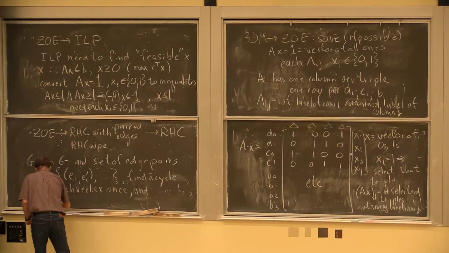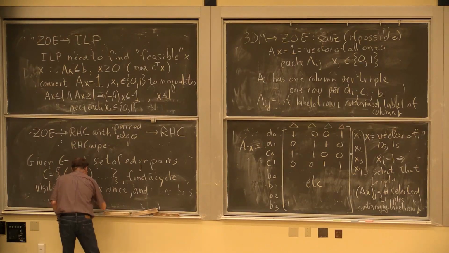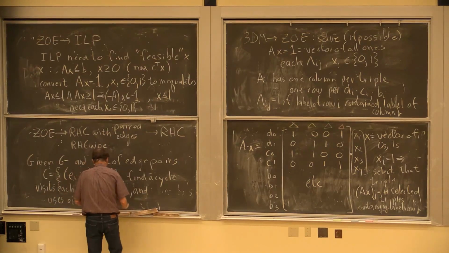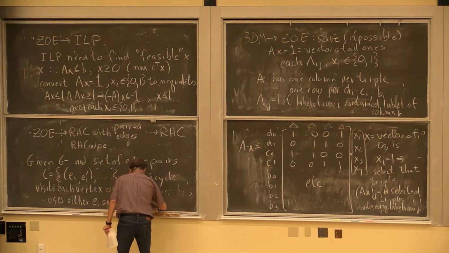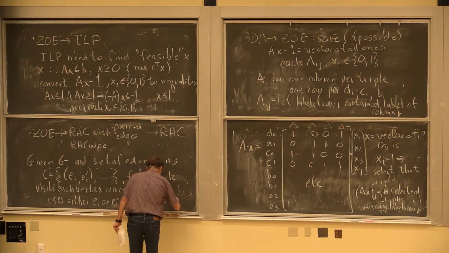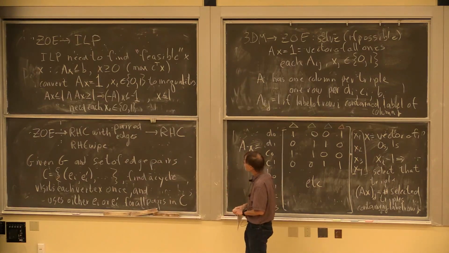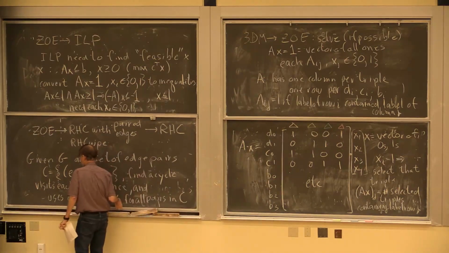And it uses either e_i or e_i prime for all pairs in my list. Okay, so I have to use either one or the other. So let me do a little example to explain how this works.